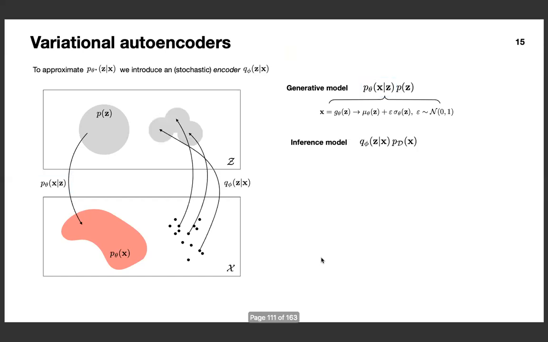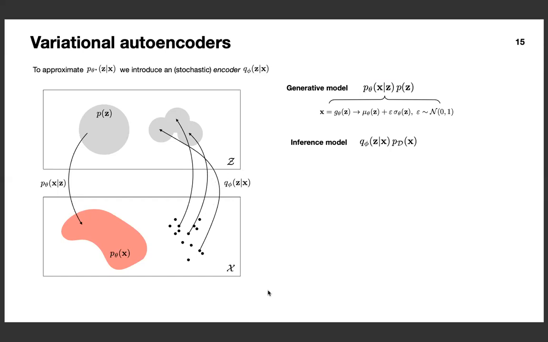All right, so going back to our problem, we want to introduce this approximation to the posterior, and what we do is introduce this inference model. So this goes in the other direction. It goes from the data space, from the empirical data points, and maps them with a function, a stochastic function, to the latent space.